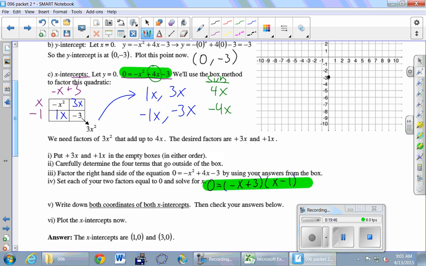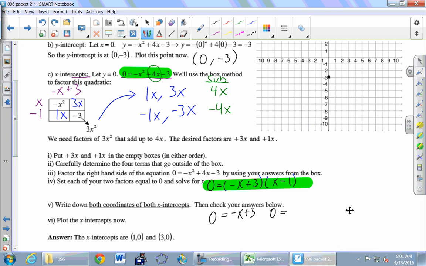And now it's a matter of taking our two factors and setting them each equal to what? 0. So we go 0 equals -x plus 3 and 0 equals x minus 1. And then we solve for x.